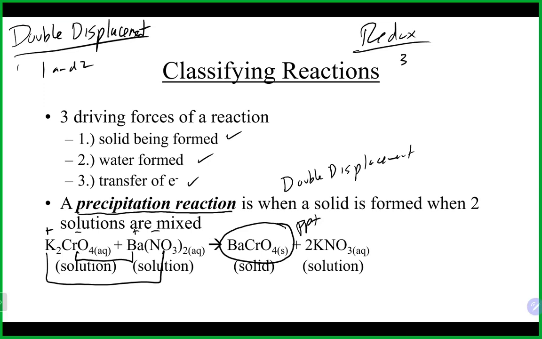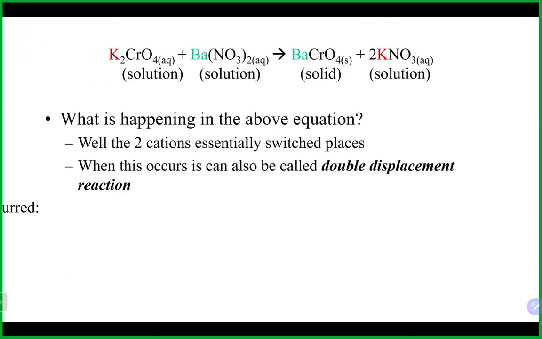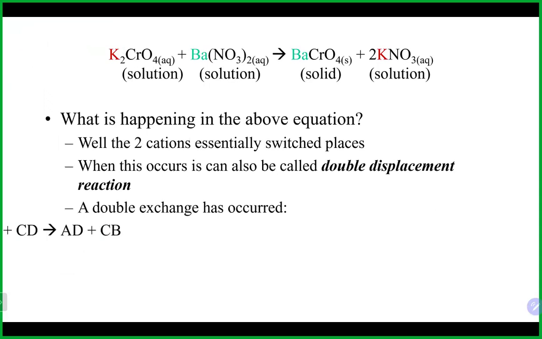So a more specific classification of a double displacement is a precipitation reaction. Again, we do get that double exchange occurring, and as we talked about a number of times, that is really what you want to look for to recognize it. No other type of reaction you'll come across will do that kind of double exchange of those ions.